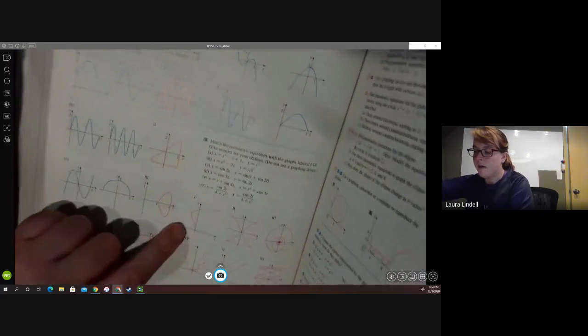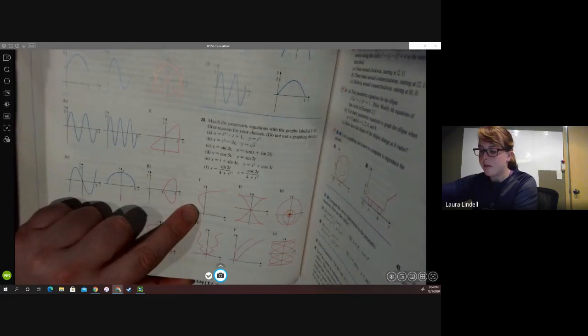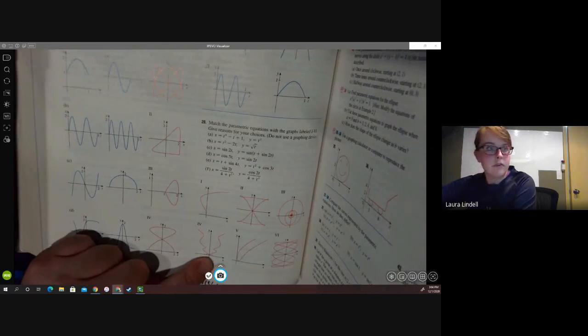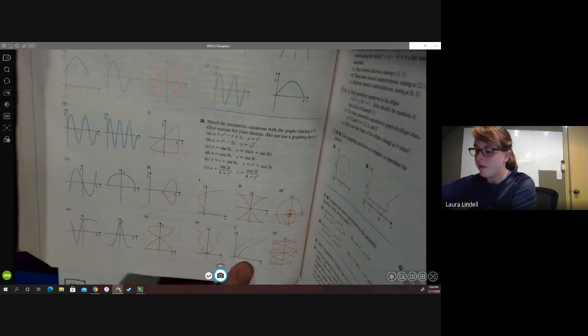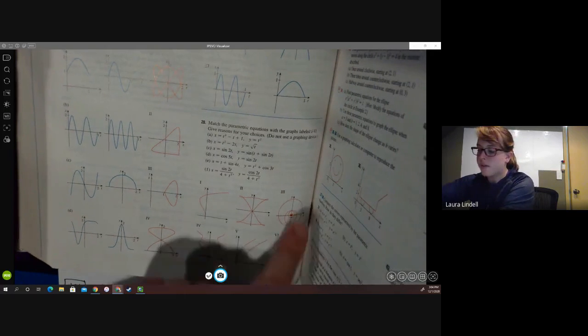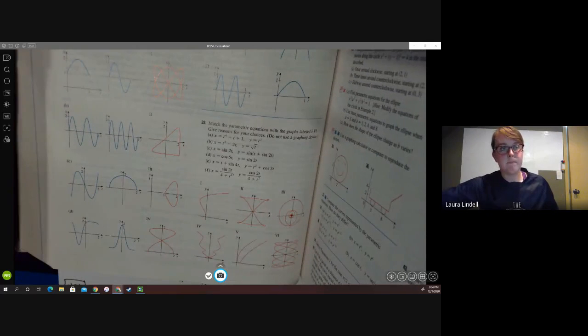Because on 1, we clearly only have positive y values. On number 4, I'm not entirely sure if this dips below the x-axis or not. So 4 is a maybe, and then 5 also doesn't have any negative y values. All these other ones have negative y values, so we can rule those out automatically.